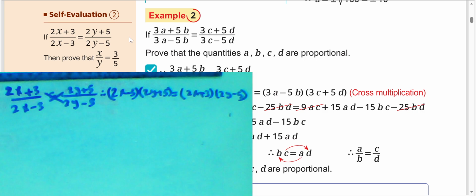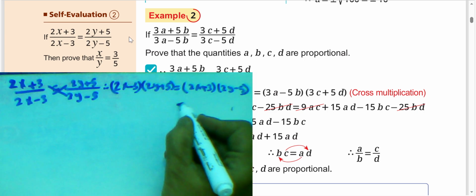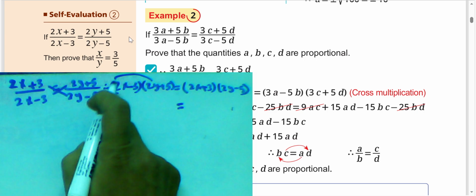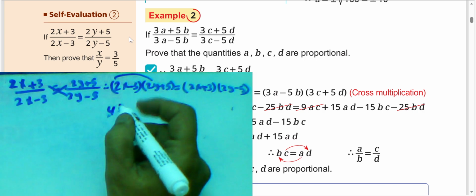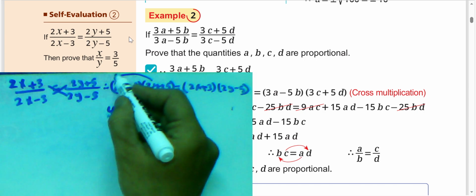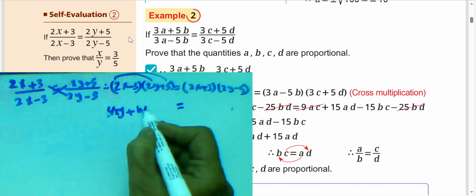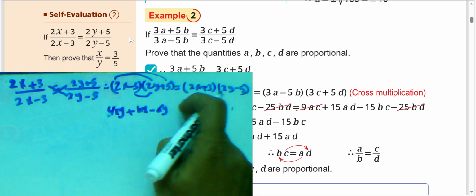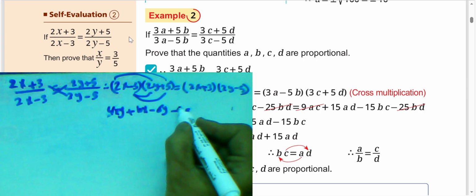Okay, and then we can simplify. 2x times y, 2 times 2 equals 4, so 4xy. 2x times 5 is 10x. Negative 3 times 2y is negative 6y. Negative 3 times 5 is negative 15.